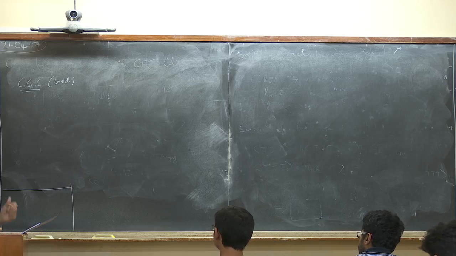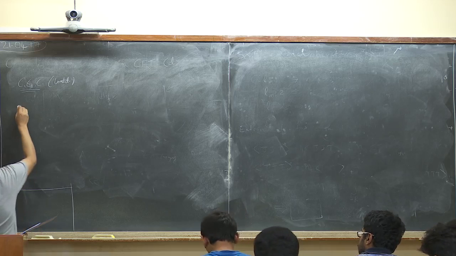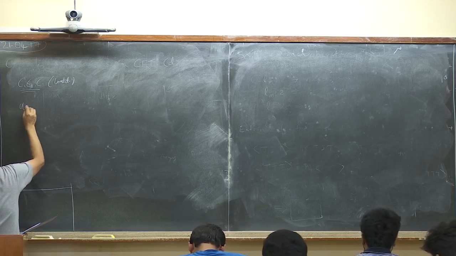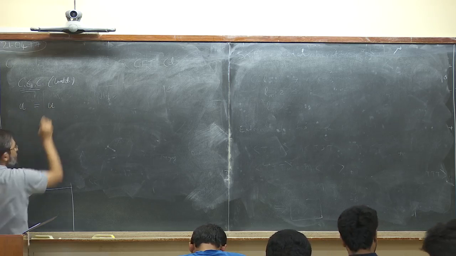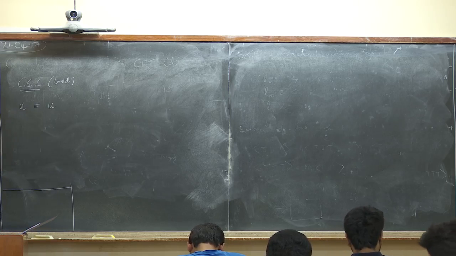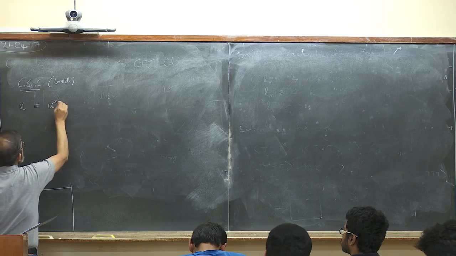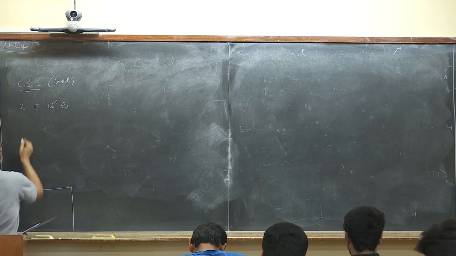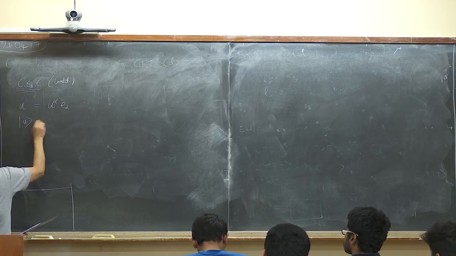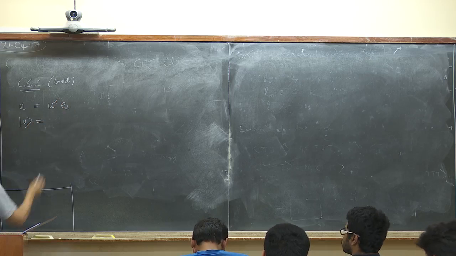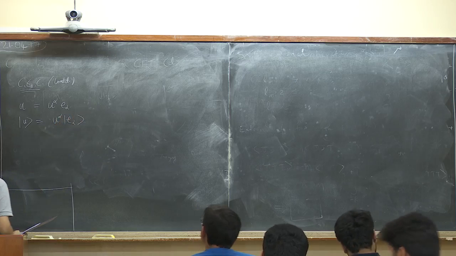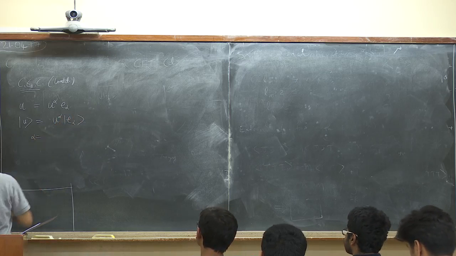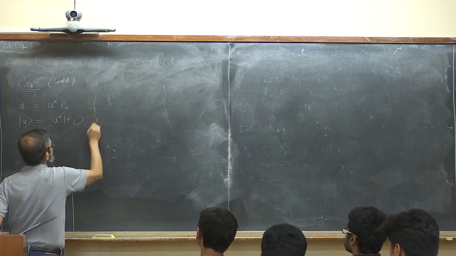Okay, so let me give you an example. Let me define some object called a spinor. Okay, the spinor is defined like this. If you want to be even more quantum mechanicsy, you can write it like that, and so this object we will call a spinor.